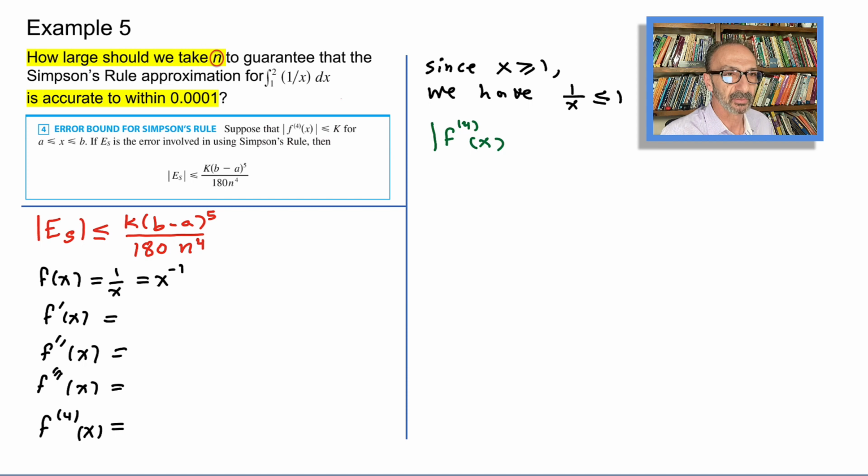Here's our last example. How large should we take n to guarantee that Simpson's rule approximation for the integral from 1 to 2 of 1 over x dx is accurate within 0.0001?